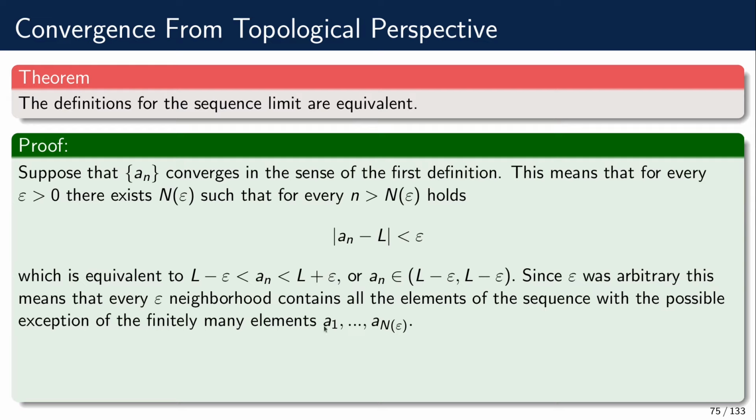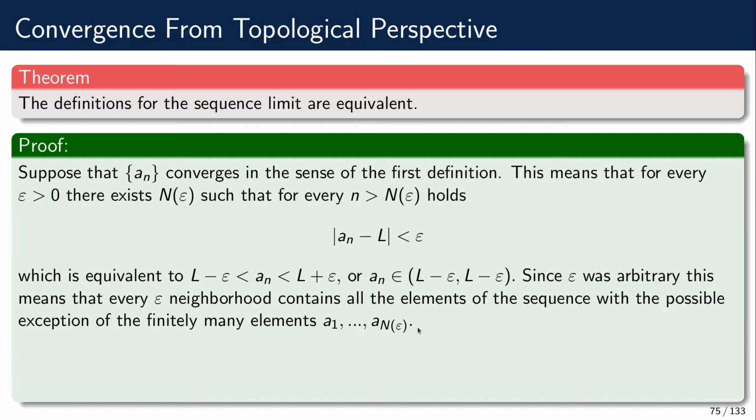So those elements a1 up to a_N may not satisfy this inequality, but there are finitely many of them, and therefore they may not lie in this epsilon neighborhood. All elements starting from N of epsilon plus 1 and on have to satisfy this inequality, and therefore have to lie in this epsilon neighborhood. And so this epsilon neighborhood contains almost all, so it has to contain all the elements of the sequence except maybe for those, right?